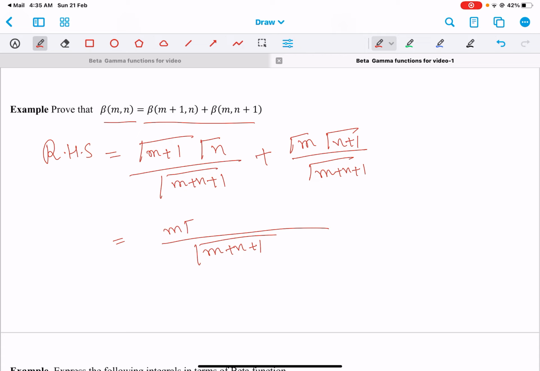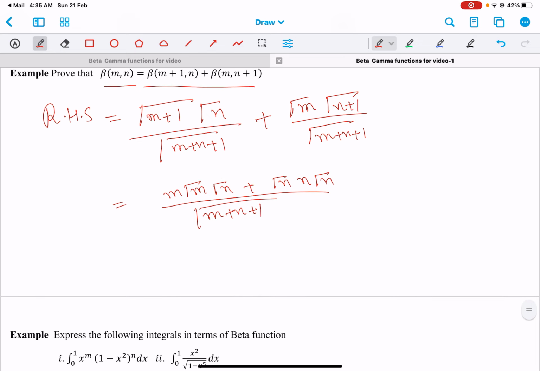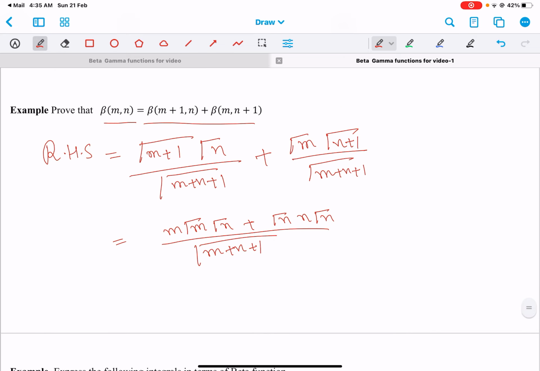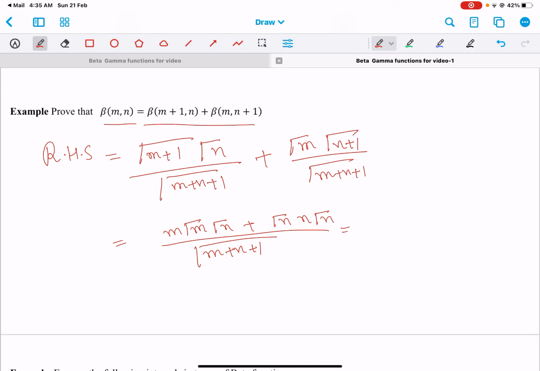I am writing this as m gamma m, and similarly this term as n gamma n. So you may take gamma m, gamma n out, so m plus n inside, and this also you may write as m plus n gamma m plus n. So this cancels, and this is nothing but beta mn.